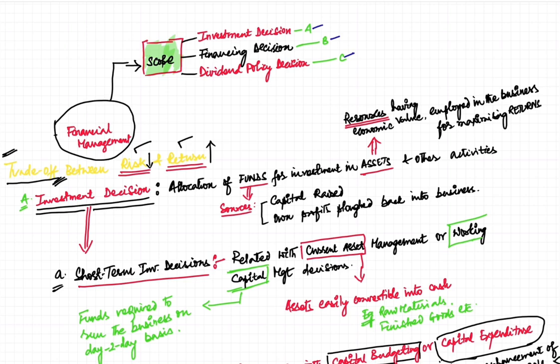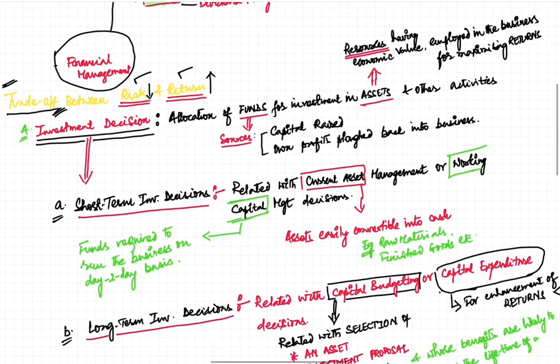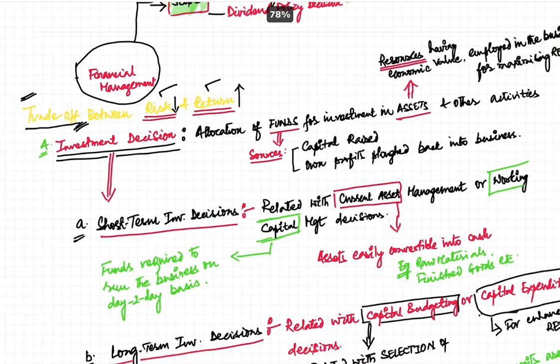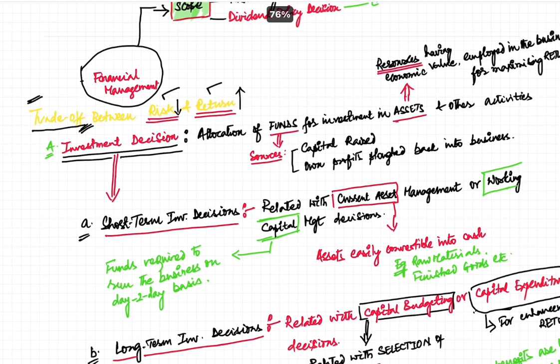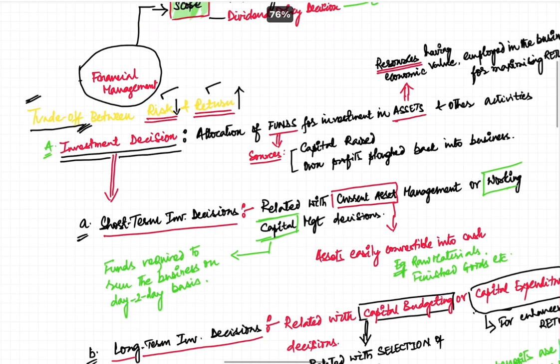Now, what exactly do we mean by investment decisions? If you look closely, investment decisions are allocation of funds for investment in assets and other activities. Now, when you say assets, what are assets?